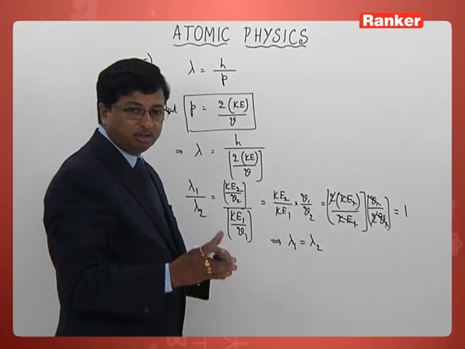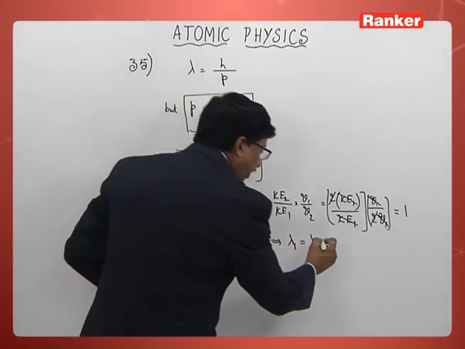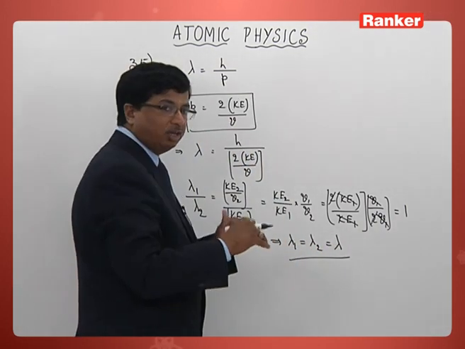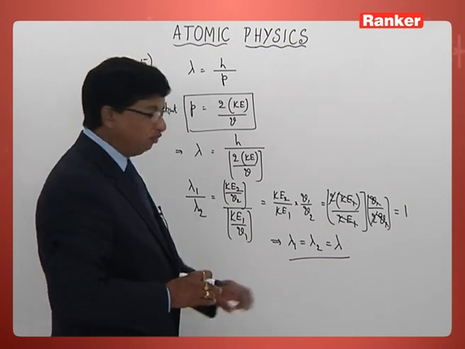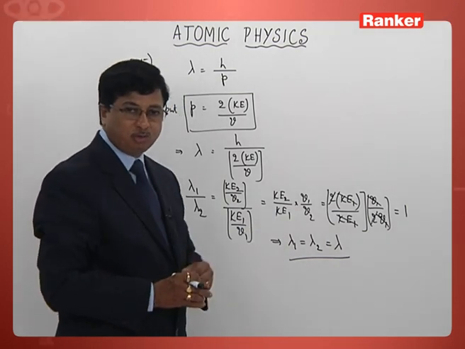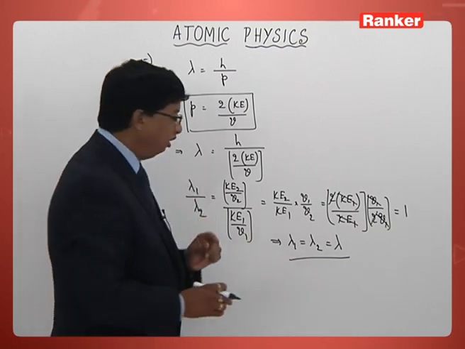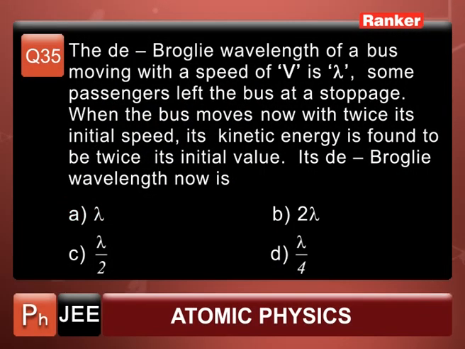But lambda 1 in the problem is already given as lambda. Therefore, lambda 2 also is equal to lambda. So which is the correct option? You look at the first option: he has given it as lambda. So the answer for this particular problem is simply A. That is the concept.